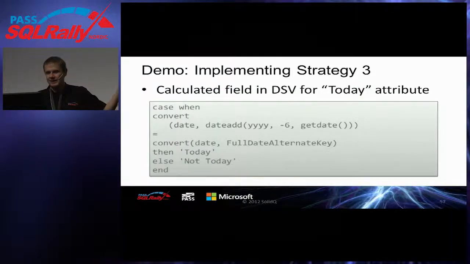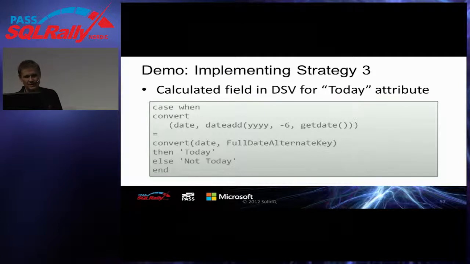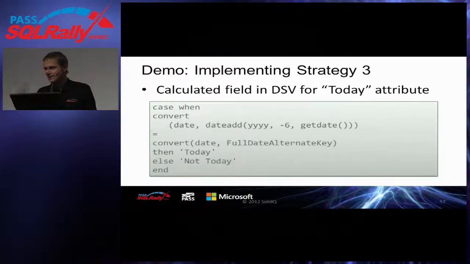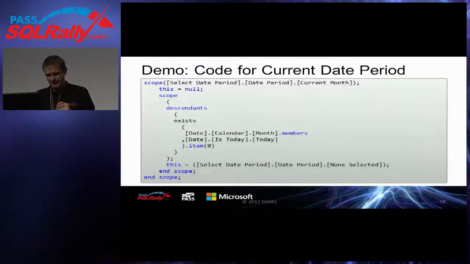And here's the implementation that I've used for these demos. As a calculated member in the DSV, I do GetDate, and I subtract 6 years from it, so it brings me into the AdventureWorks range of reality. And so whenever I'm doing a demo, I have today's date 6 years ago in AdventureWorks.